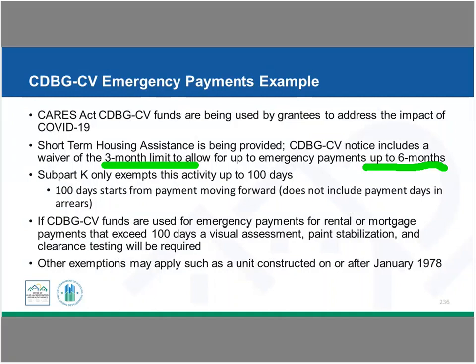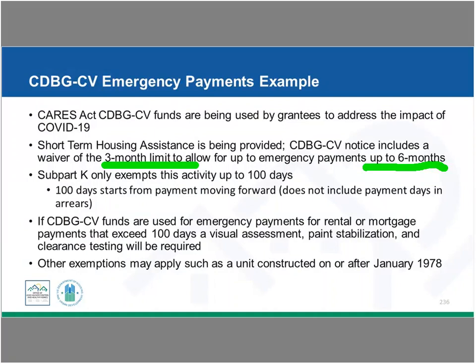So now for my CV rental assistance, I'm suddenly going to have to be staffed up to do not only visual assessments, but also figure out how we're going to get our paint stabilization done with qualified staff, clearance testing, all of that to implement a program.